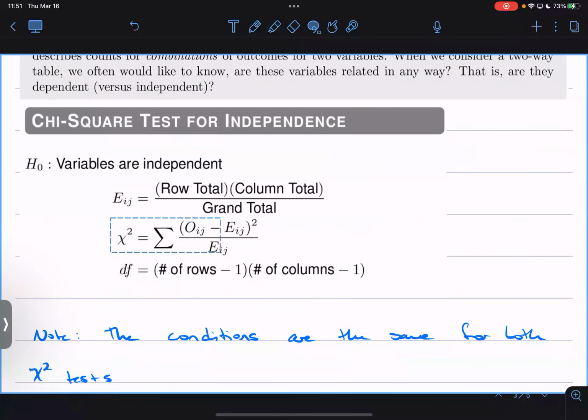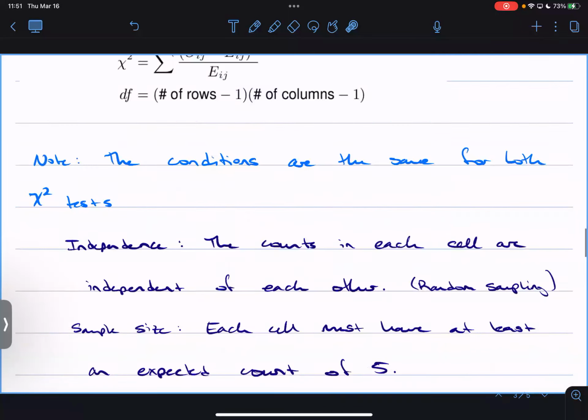The formula just changed slightly because now you have rows and columns that you have to deal with. But if you want, you can totally ignore the subscripts, right? Observed minus the expected squared divided by the expected, and then add them all up, right? But you have to do all the cells.